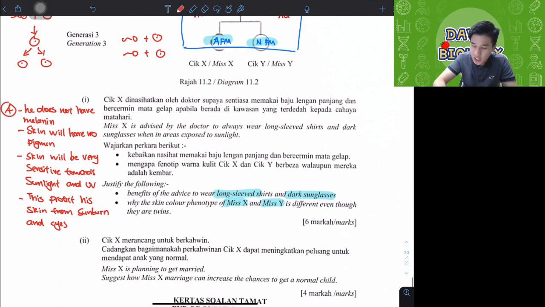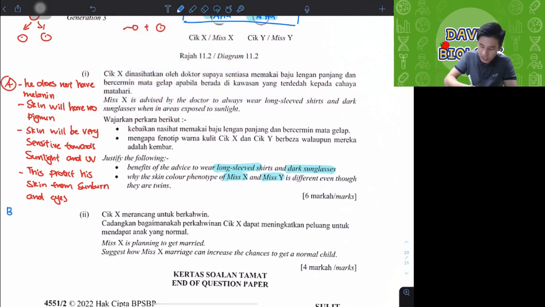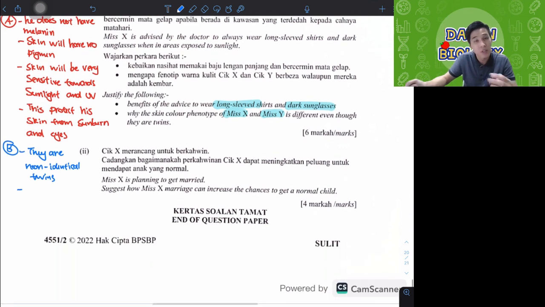Okay, so then the next part, I say that they are non-identical twins, which are formed from 2 sperm and ovum.